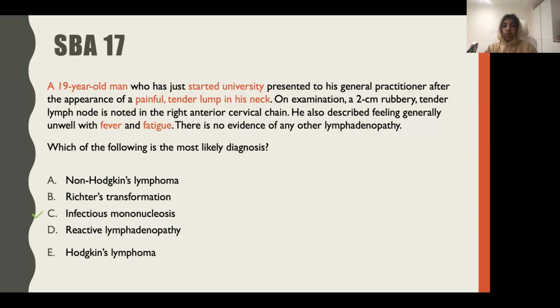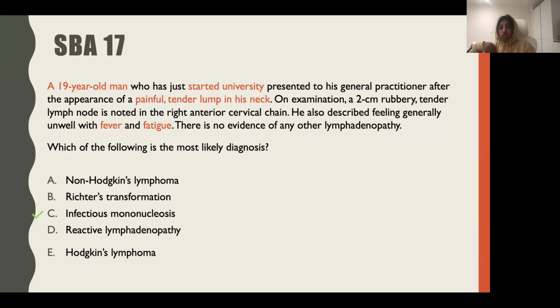This is a young man who just started uni, so he's more at risk of developing infectious mono, which is like the kissing virus. Infectious mono classically causes painful, tender lumps in young people who take part in high risk behavior, such as starting uni, and he's got fever and fatigue. So he's not got cancer symptoms, but rather the symptoms of infectious mononucleosis.